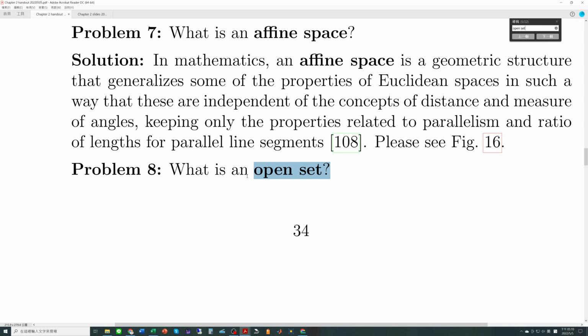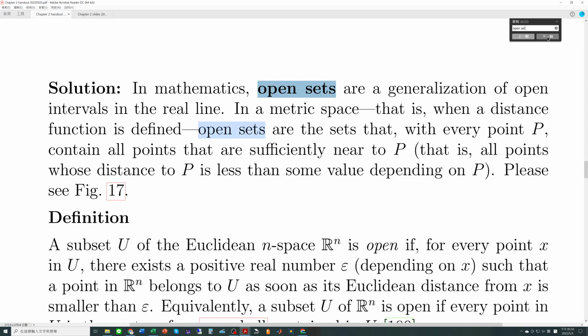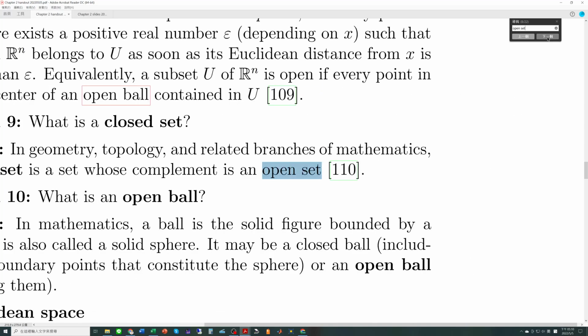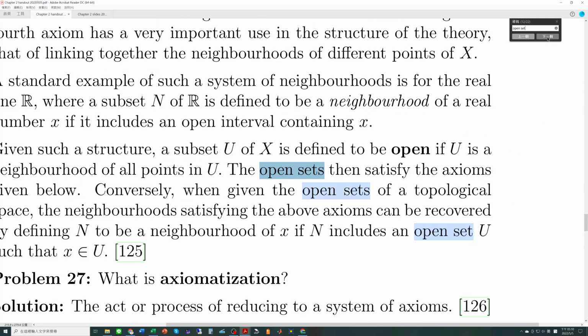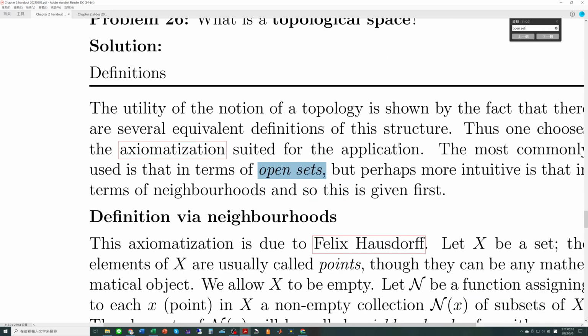If you forget what is an open set, please review the solution to problem 8. Okay, let us go to the problem set we have seen before. Oh, sorry, problem set, open sets. Okay, here.